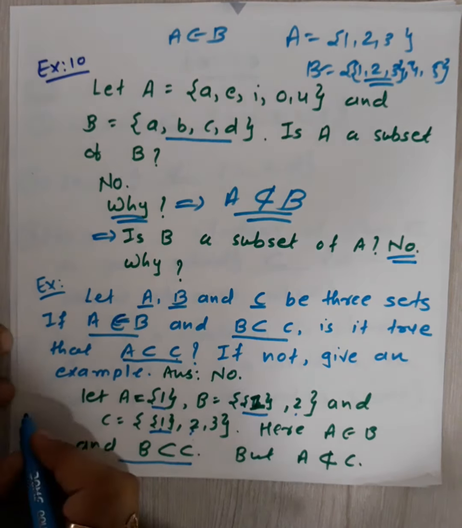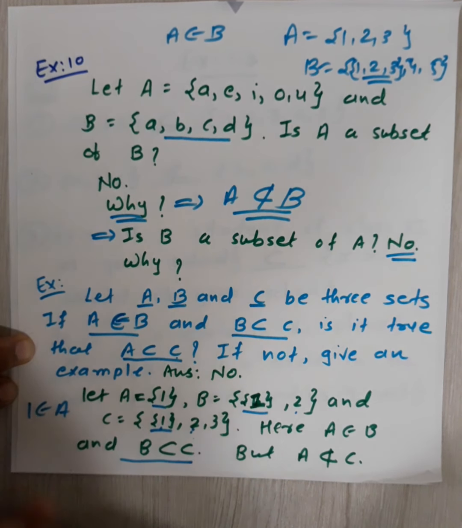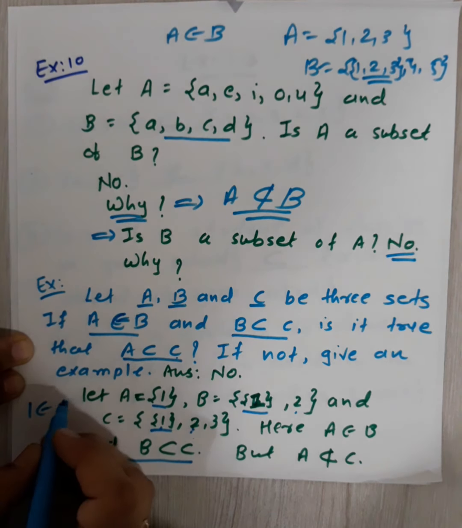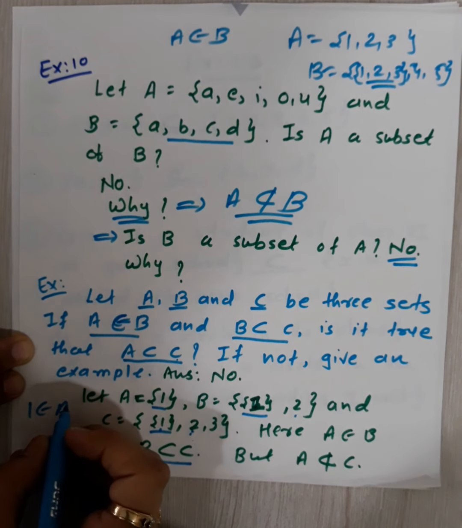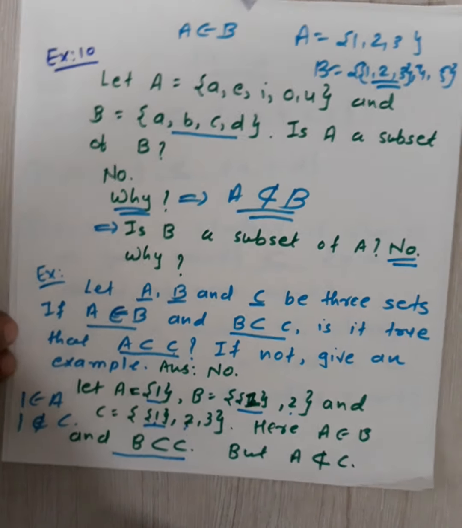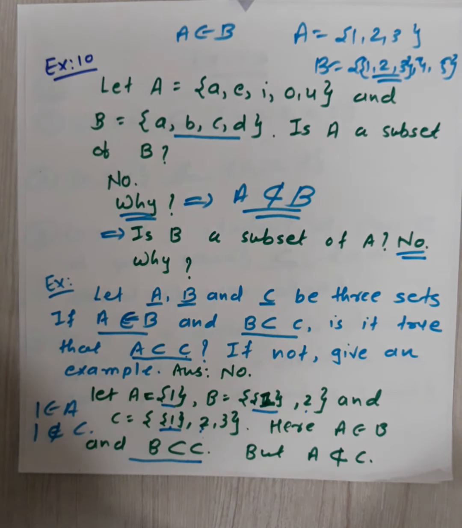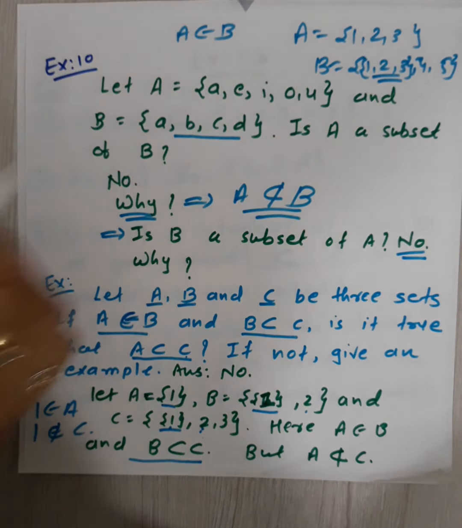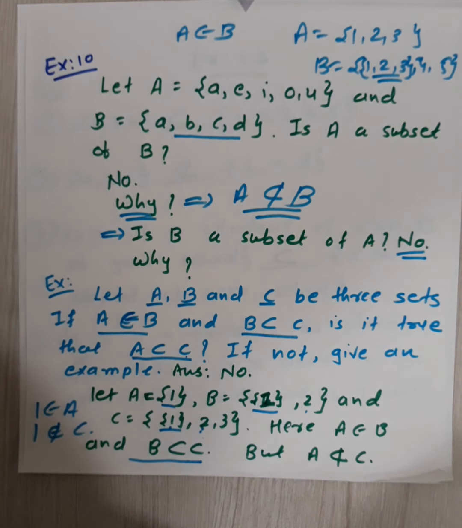Because 1 belongs to A, but 1 does not belong to C. So this is how we can represent our subset.